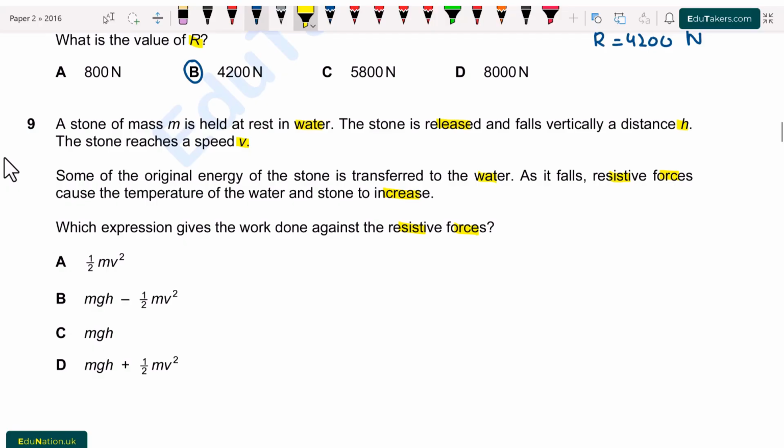So I write here: loss in gravitational potential energy will be equal to gain in kinetic energy plus work done against resistive forces.